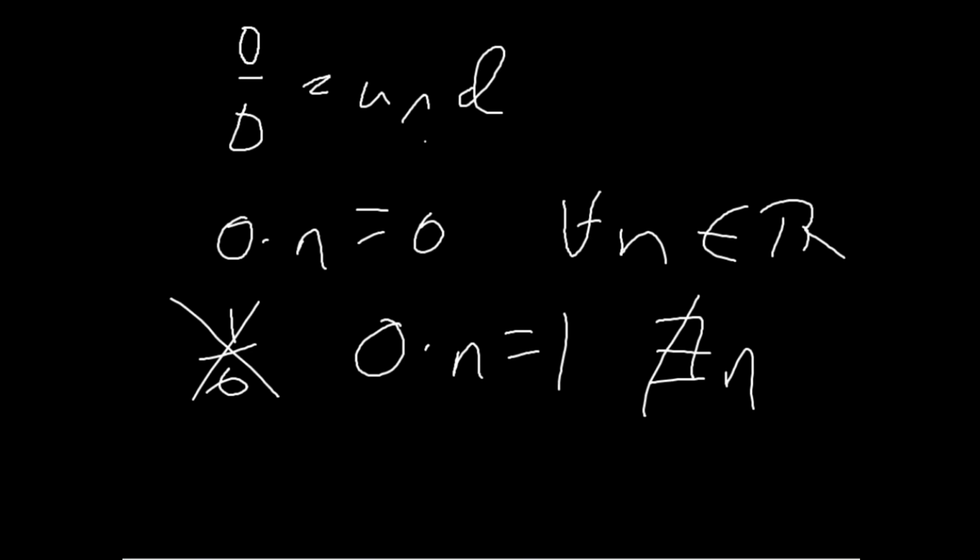And the reason that we define 0 divided by 0 to be undefined, despite the fact that every possible n will work, is because we expect our elementary functions to have one canonical answer, right? So back in the example of 3 times n equals 5, there is exactly one answer that fits that.